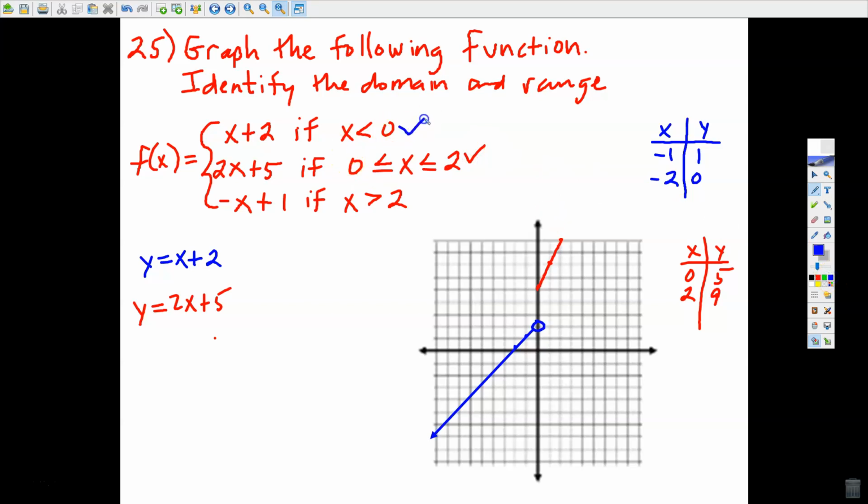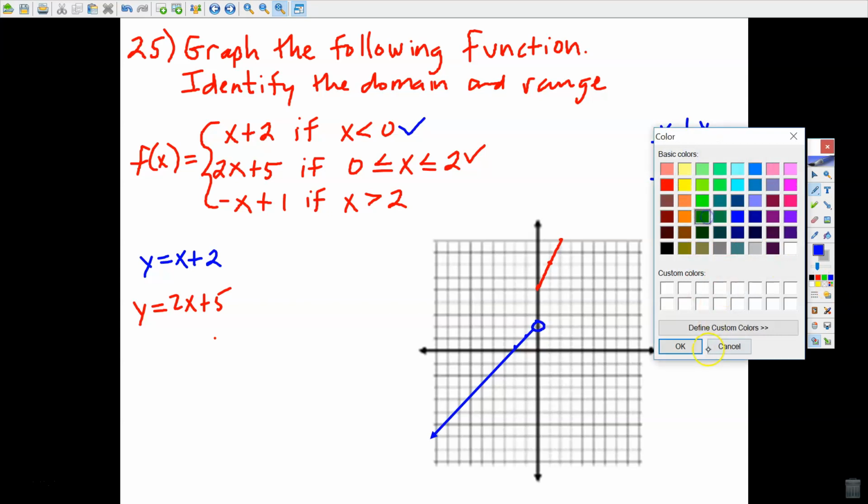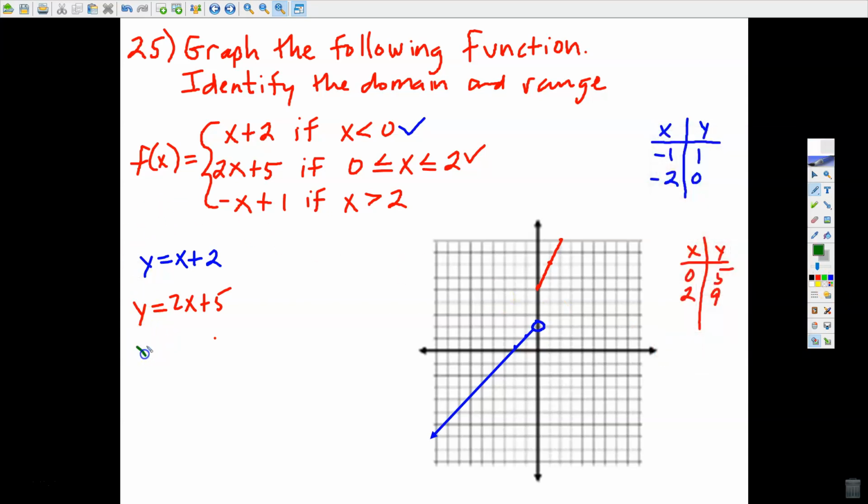So the blue one, the red one, and now let's do the green one. It's the line y equals negative x plus 1. So we start at a y-intercept of 1, but this time we have a negative 1 slope, so that's down 1, right 1. Or we could do up 1, left 1.